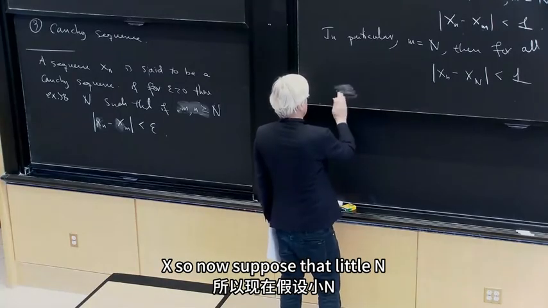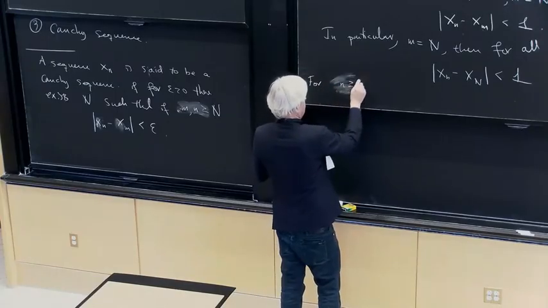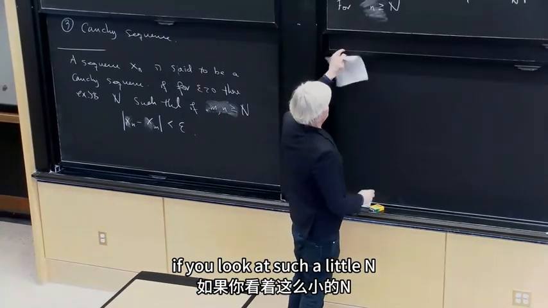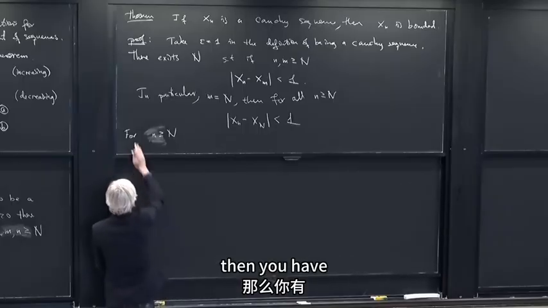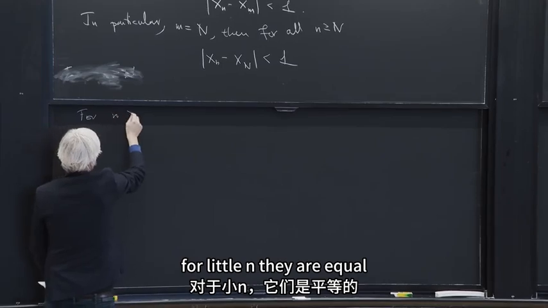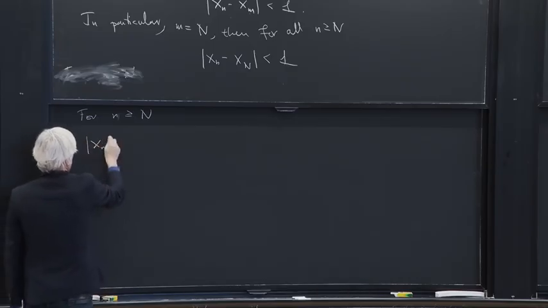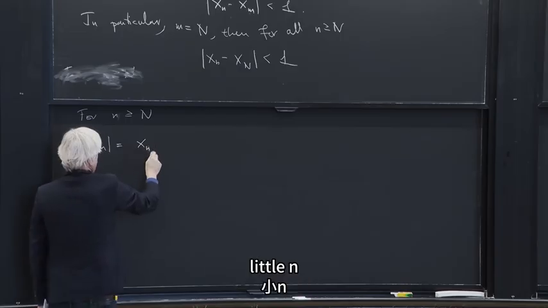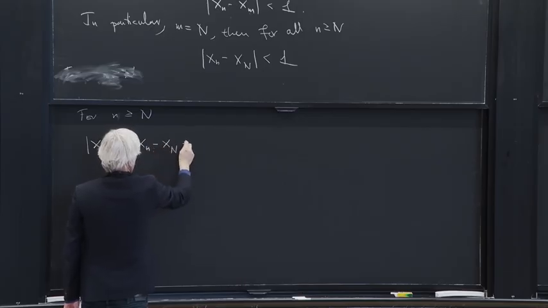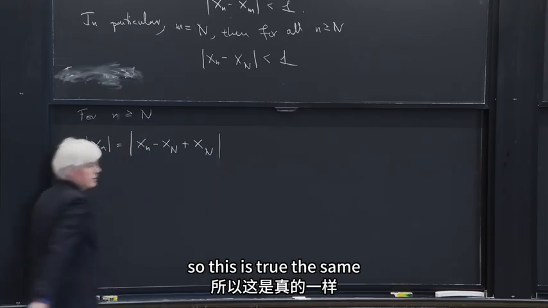So now suppose little n is bigger or equal to capital N. If you look at such a little n, then you have the norm of xn, well, you can write xn as the difference plus x capital N. You can subtract it first and then add it again, so this is clearly the same.